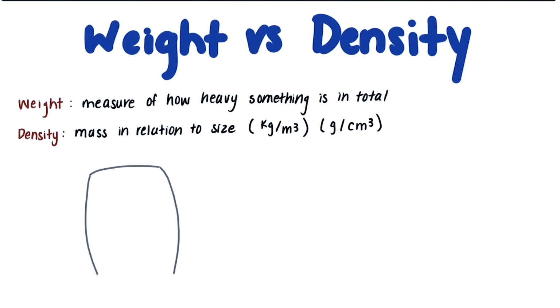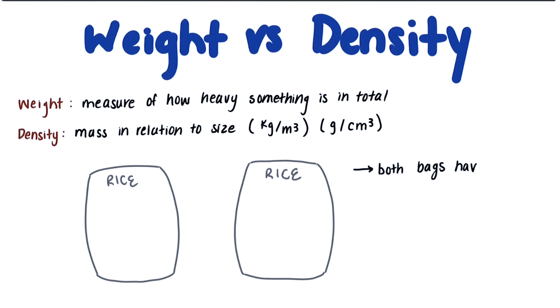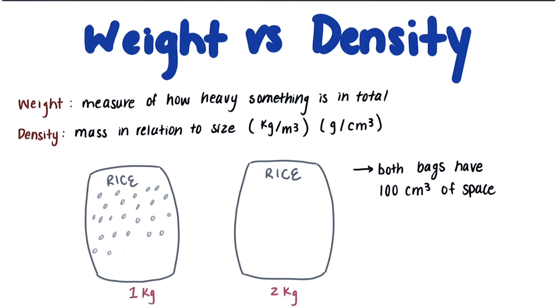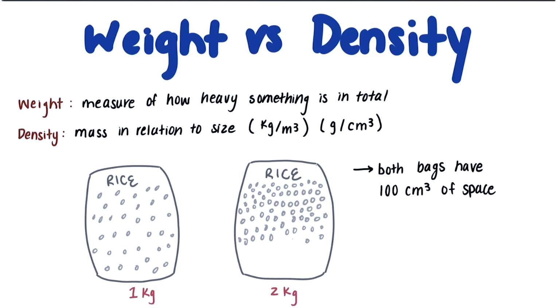For example, we have 2 bags of rice, and they are the same size. However, one might be heavier than the other. We can say that the heavier one is denser because it has more rice stuffed into the bag. This also means that the denser bag of rice has less space between each piece of rice.